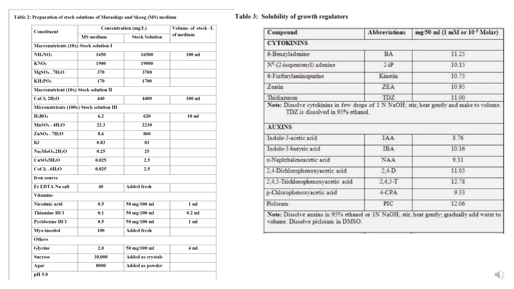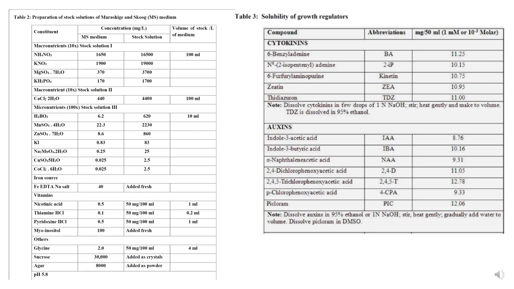But suppose we have made a stock solution, so we don't have to take it individually. We will just make a stock solution first, taking these quantities with respect to 10x stock.